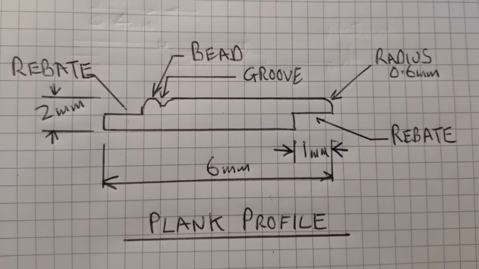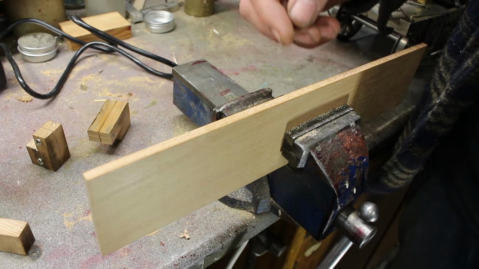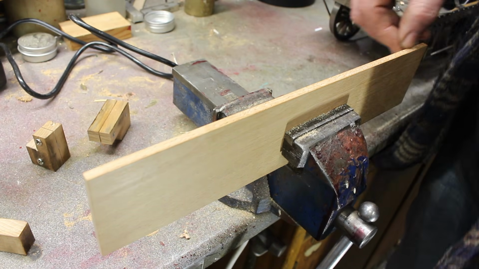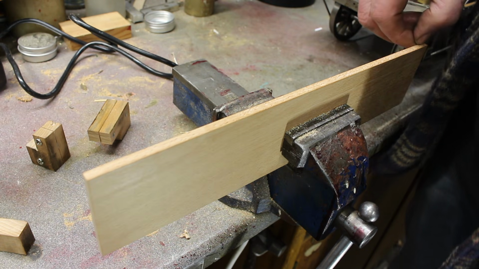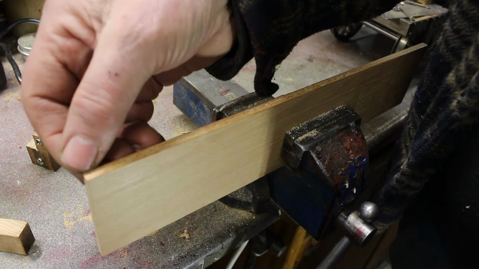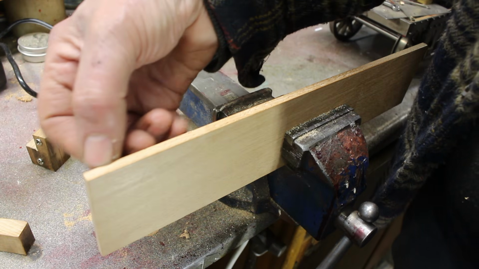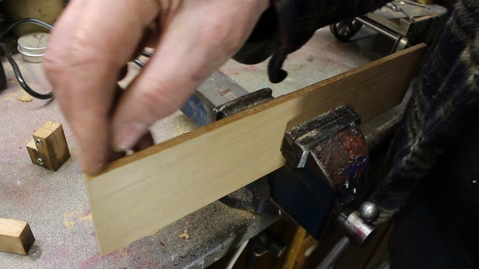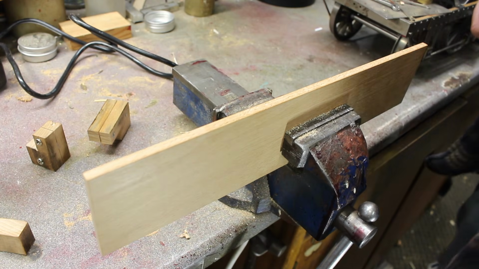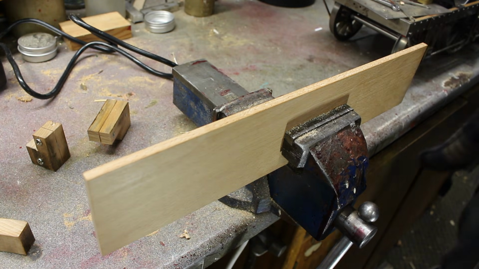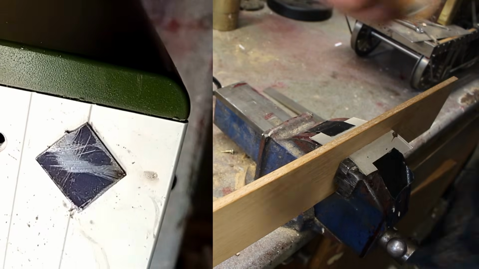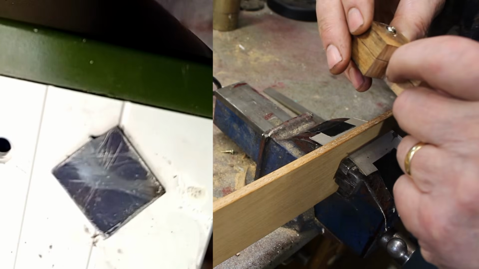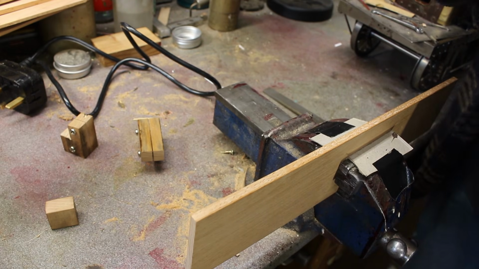Okay, so I've just educated myself on some woodworking terms. The idea is to put in a groove along there, which will eventually form part of the bead. Once that's done we'll cut the rebate. Once the rebate's in, I'll radius that corner, which will complete the bead. So that's the plan anyway. Okay, well you can hardly see it, but I have got that little blade in there to put the groove along here, so we'll give that a go.